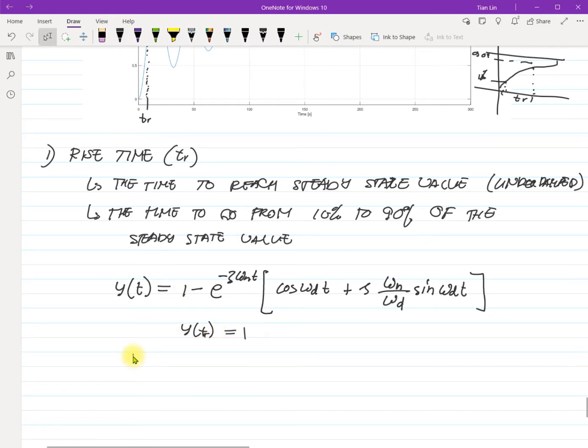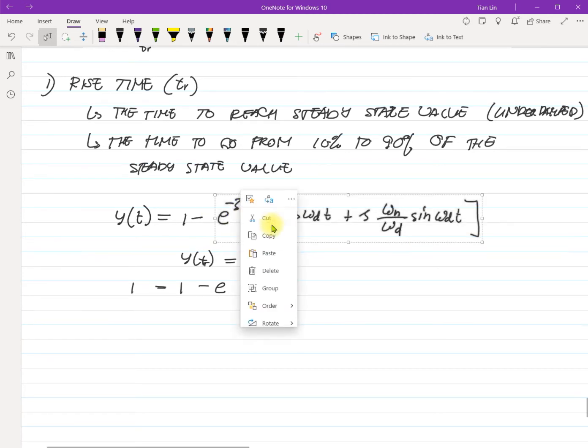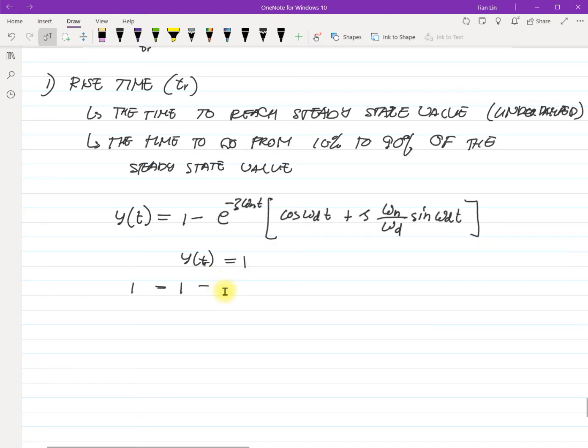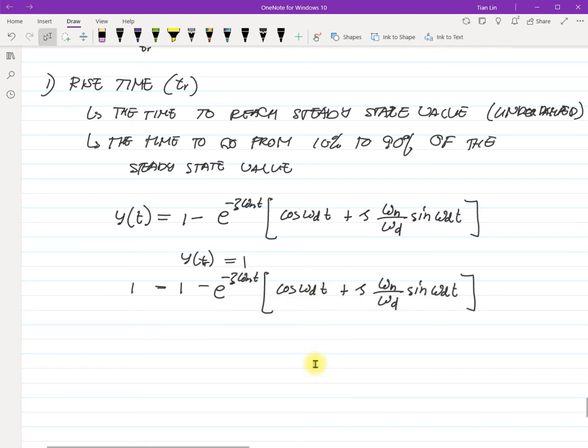So this is 1 equals 1 minus e raised to that one. Let's copy this. Then we solve for t. Our t now here will be our rise time, tr.